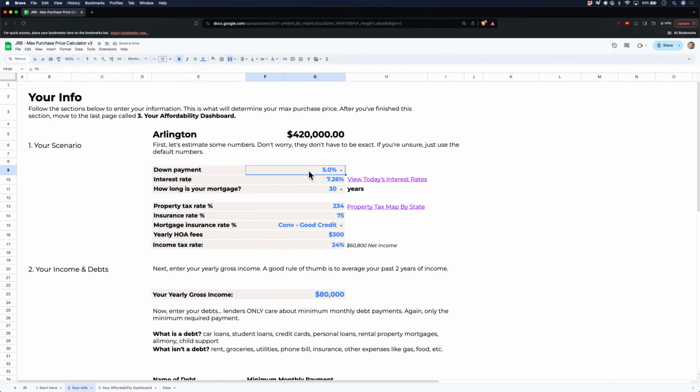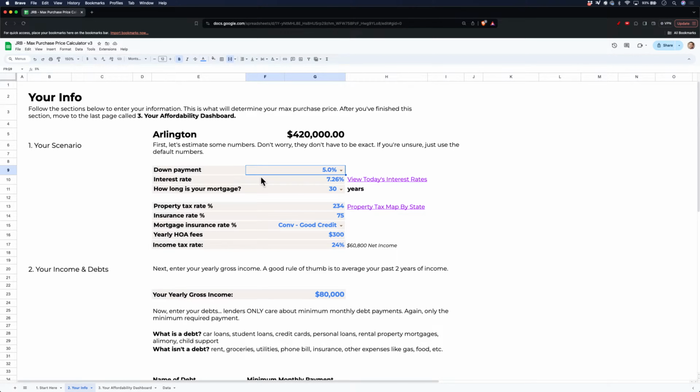Down payment time. For the down payment, we're going to assume a 5% down payment. 5% down is very reasonable. Now, if you're getting an FHA loan, remember the minimum is 3.5% down. If you're getting a conventional loan, you can actually go lower, 3% down. For our purposes today, we're going to do 5%.